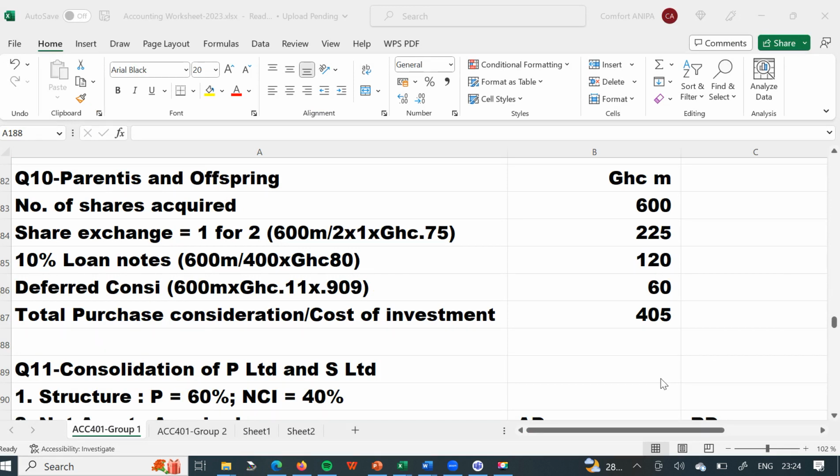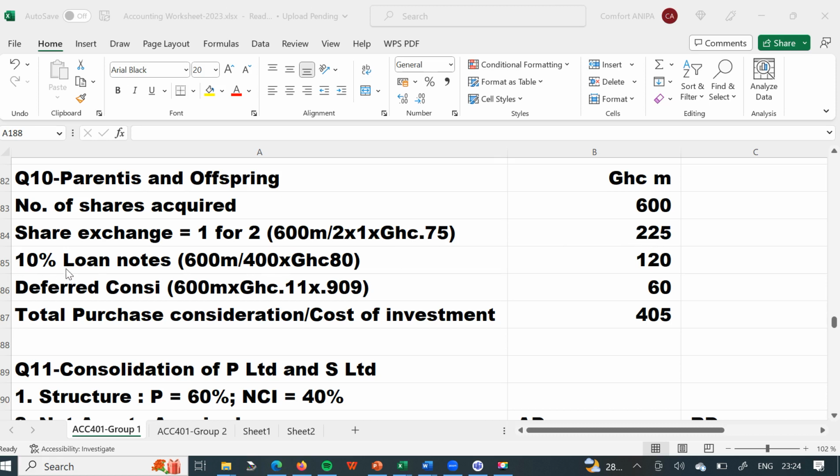The share for share exchange is 1 for 2. So take the 600 million divided by 2, multiply by 1, and multiply by the price of the Parentis share, which is 0.75. Make sure you take the correct share price, and that gives you 225.